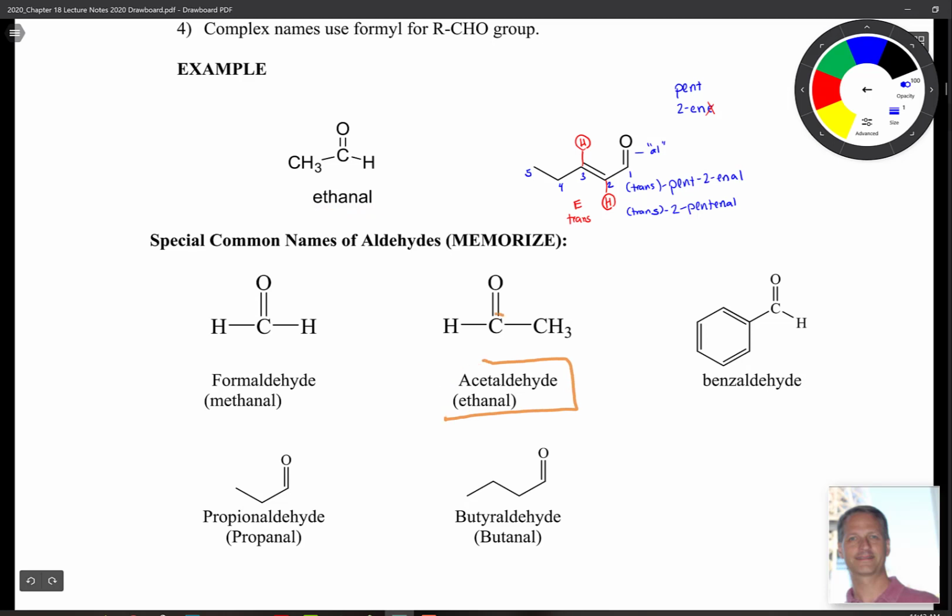So acet is a common name for two carbons. Think of acetic acid. Benzaldehyde, it's a benzene ring with an aldehyde group on it. Propionaldehyde is also known as propanal. And then butyraldehyde is kind of the common name for butanal.